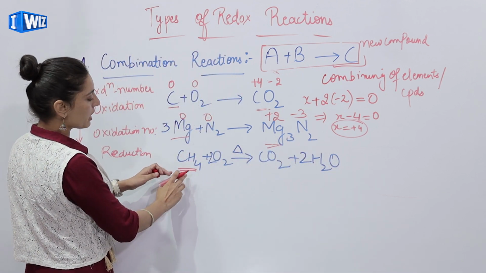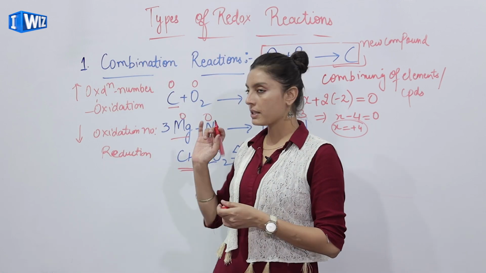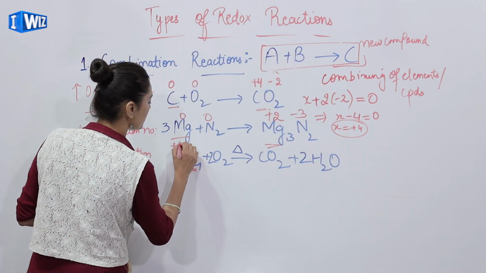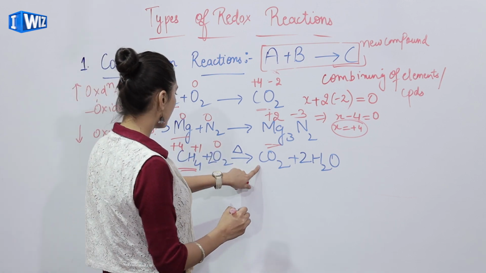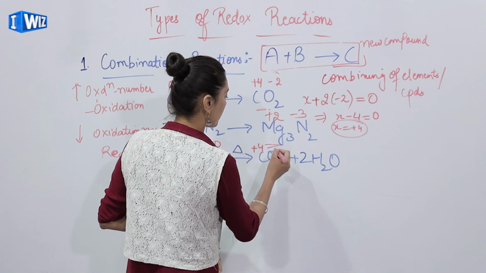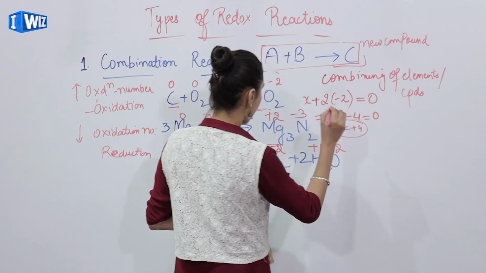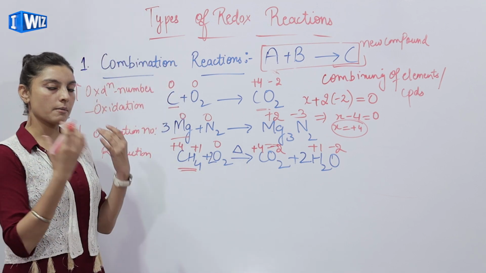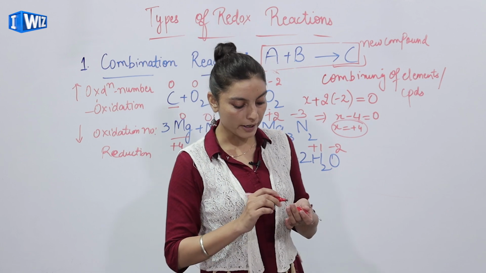If I have to figure it out, what is the particularly the oxidation state of carbon over here, it could be +4, hydrogen in the +1 state, oxygen in the 0, carbon again we have found it over here +4 and oxygen in the -2, hydrogen in the +1, oxygen in the -2 state. So some of the elements getting oxidized, the another one getting reduced over here. I hope this is clear.